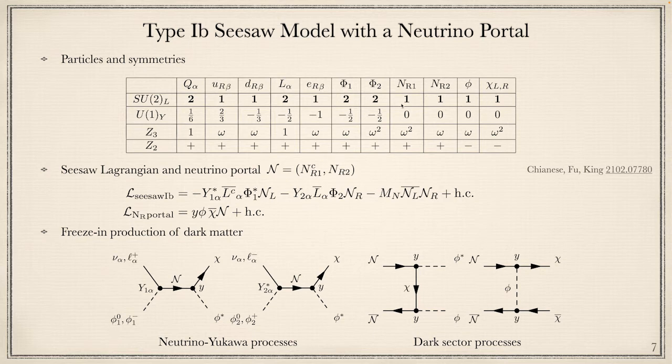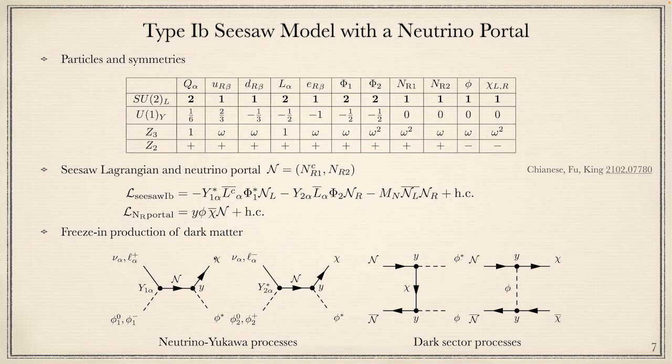The 2 right-hand neutrinos can form a Dirac pair, and the heavy Dirac neutrino couples to the two Higgs doublets in 2 different ways. And the neutrino portal is in a similar form as before, just with a Dirac heavy neutrino.